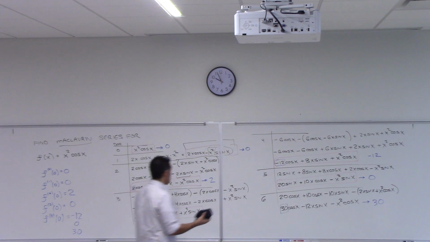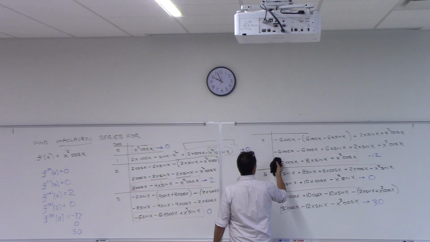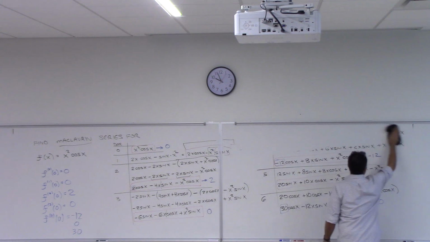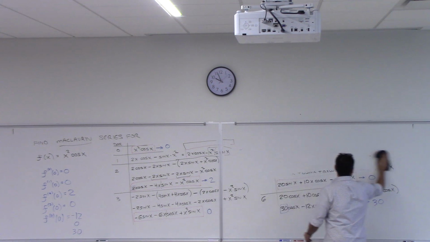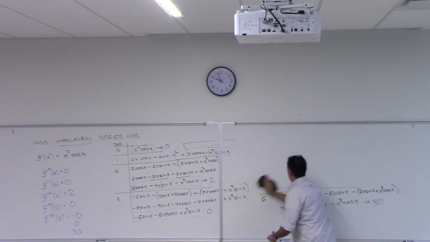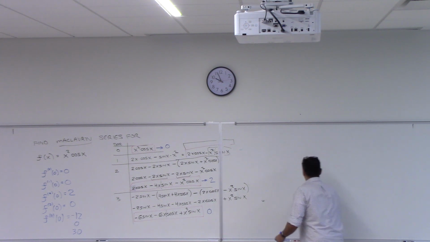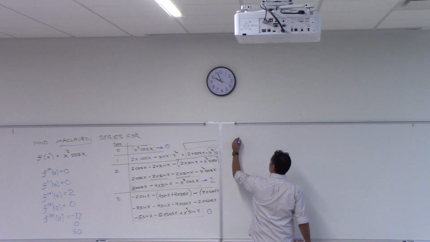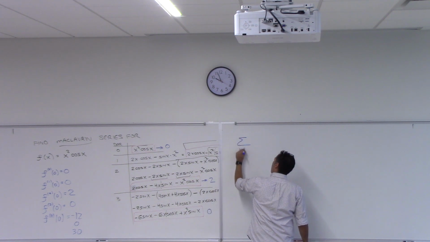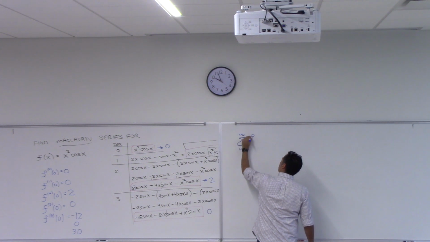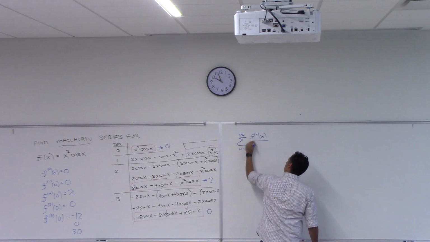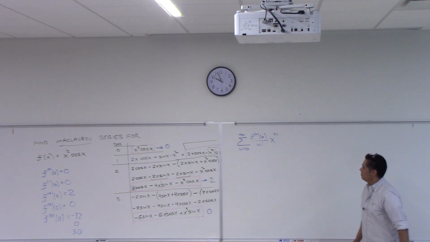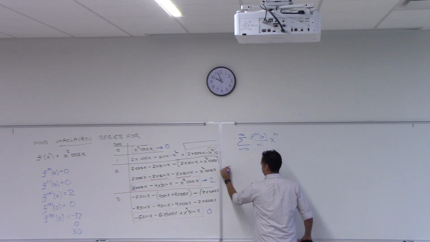Now, I need to erase all this. I'm going to do what I did before when we did the sine and cosine. I'm going to try and write out the Maclaurin series just one at a time.